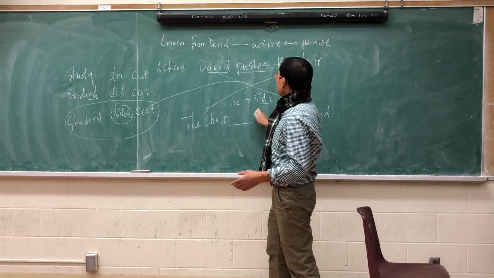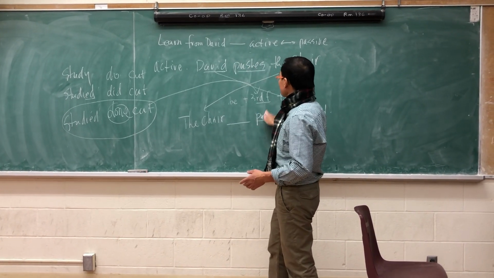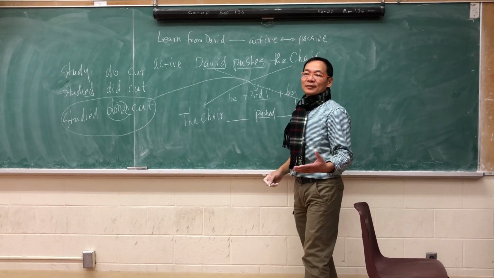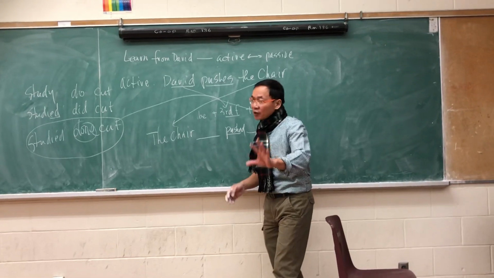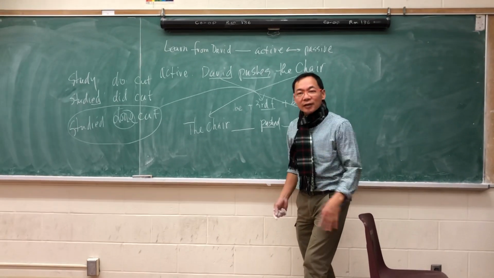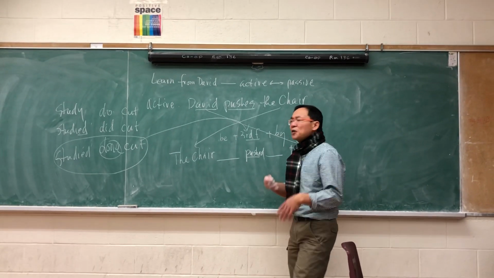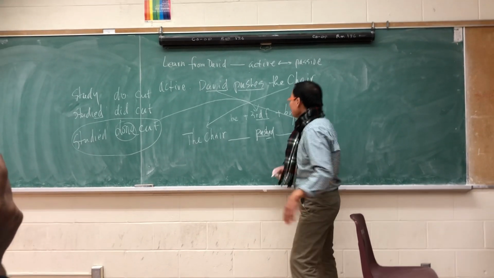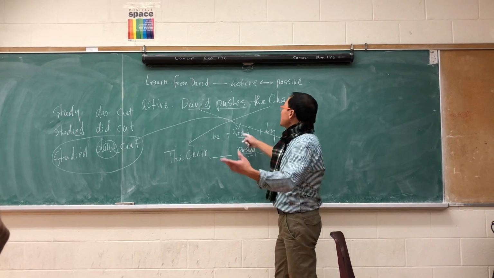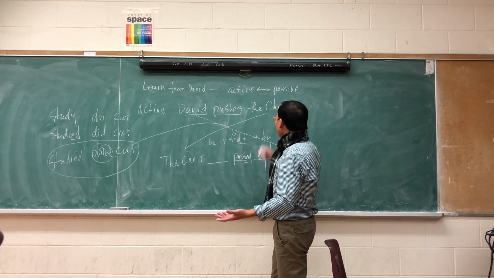So push, I just know the third form is what? Pushed. Well, if you don't know, just add ed. If the teacher said you cannot check the dictionary, you don't have time to think, well, just add ed. The teacher feels better if they see ed here, even if it's wrong. So ed means the third form. And of course, by is always by.